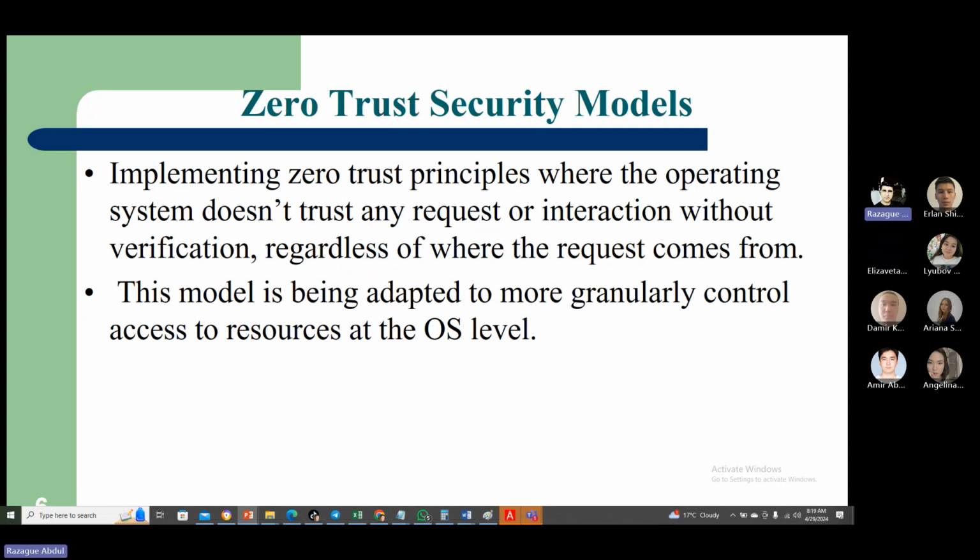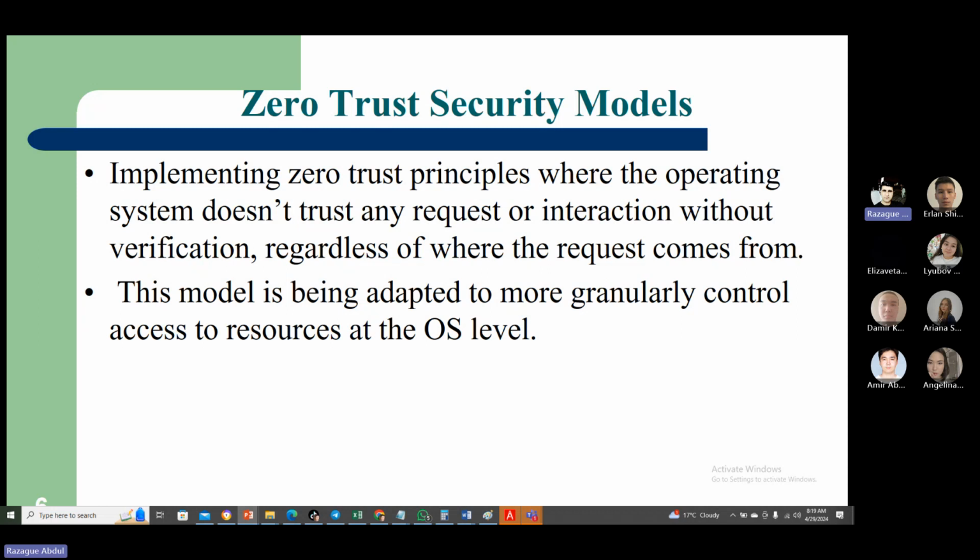So, understanding the zero trust security model: zero trust security is predicated on the notion that threats can originate from anywhere. So we assume threats can come from anywhere, both outside and inside traditional network boundaries, and thus every request for access to resources must be securely validated.